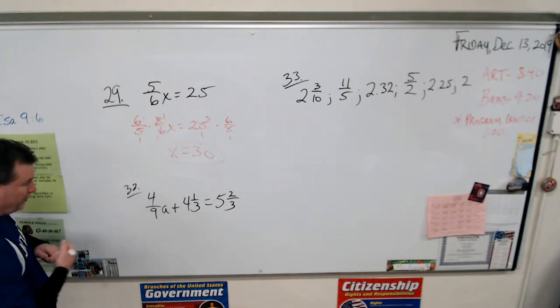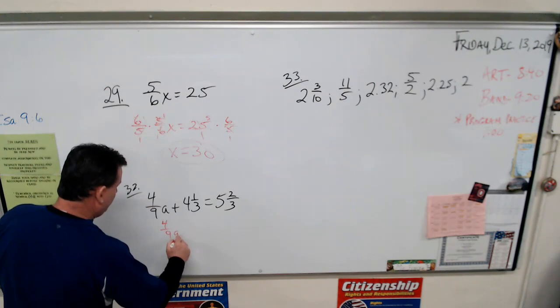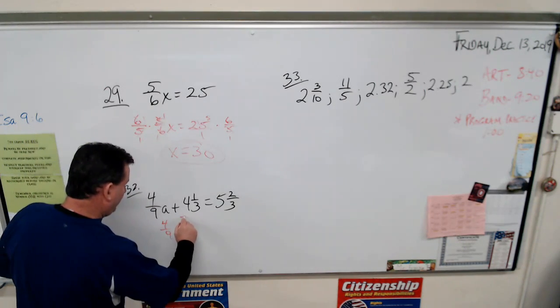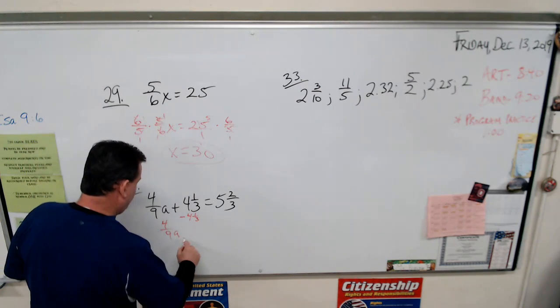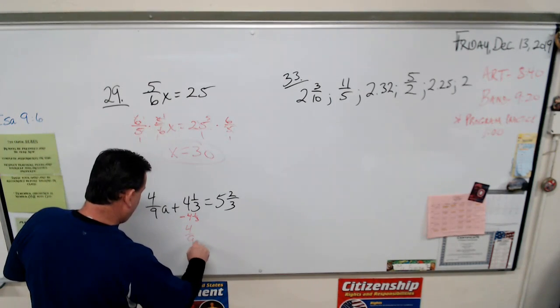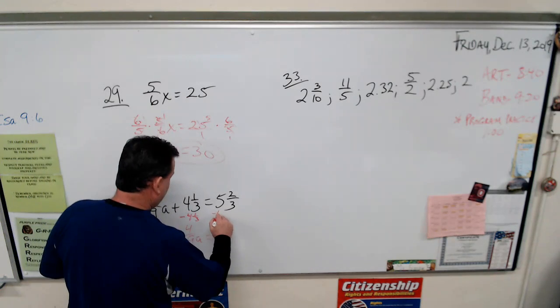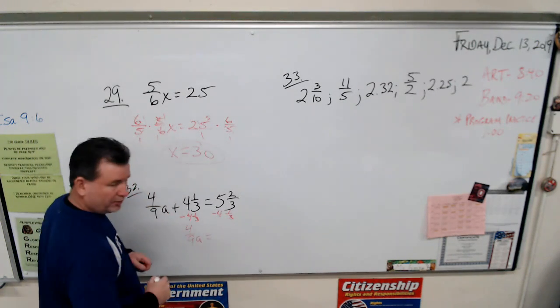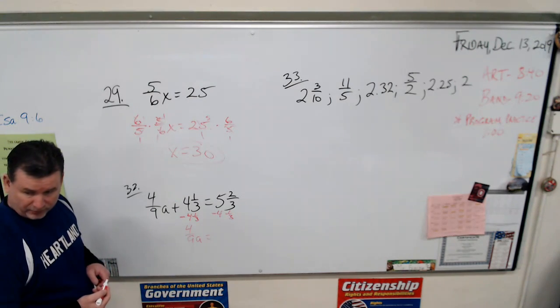So this turns into 4/9 A, minus 4 1/3. So 4/9 A is going to equal 5 2/3 minus 4 1/3, which is 1 1/3.